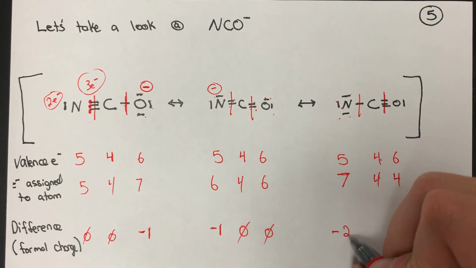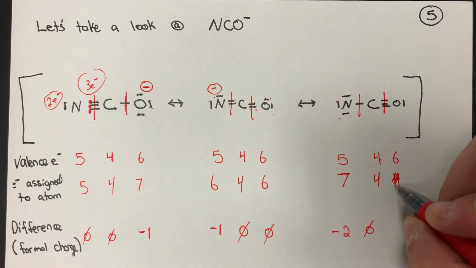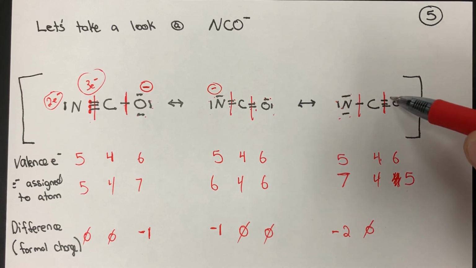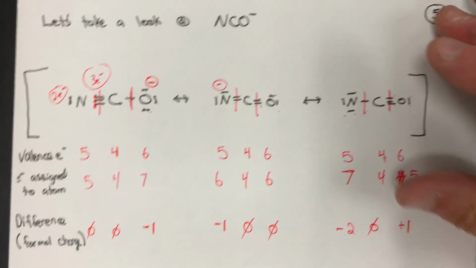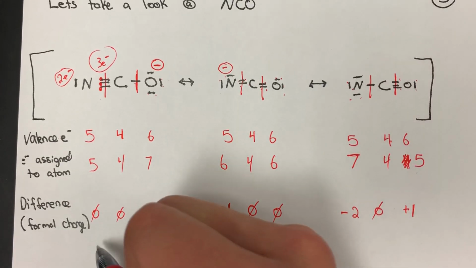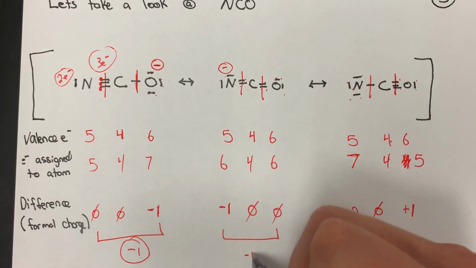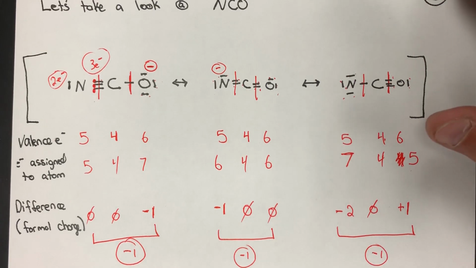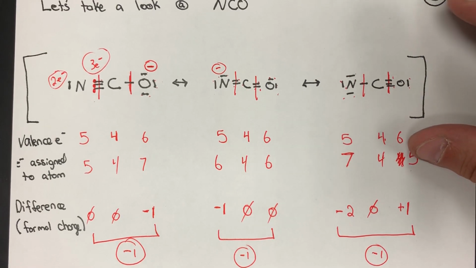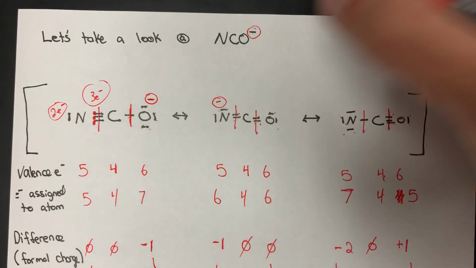So I'm at a -2, a 0, and this should have been a 5, right? 1, 2, 3, 4, 5. So I'm at a +1 here. And just a quick check, what we find is the sum of these formal charges is -1 in all 3 cases. And that makes sense per the considerations we discussed earlier, given that this is a polyatomic ion with a charge of -1.